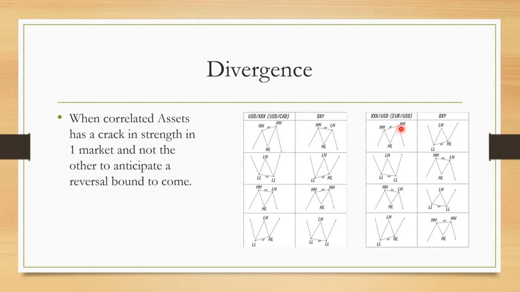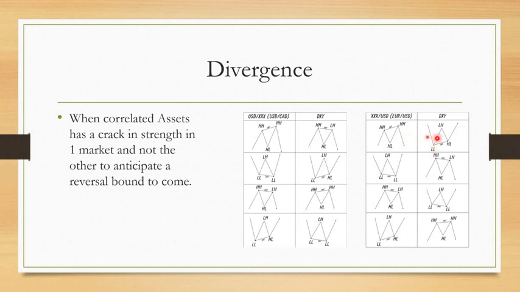Okay, so this is when you create a higher high on one market and the other market is creating a higher low. If they were interlinked and moving in the same direction, this market should have created a lower low, not a higher low. Because this one created a higher high, we should have created a lower low here, but we didn't. So because of that, this market is stronger than this market, and that is an inverse interlinked divergence, or SMT.